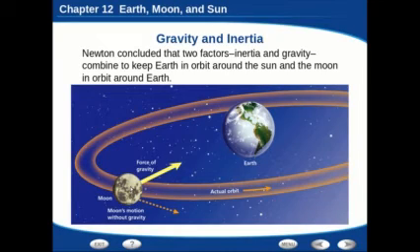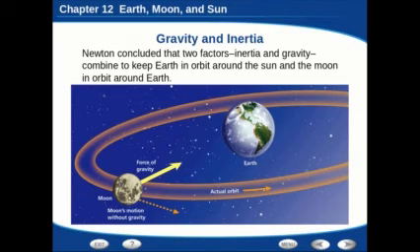So remember, Newton's first law is inertia, and that law states that objects in motion will stay in motion until acted upon by some outside force. Right? So here's the moon in our diagram, and it's moving this way. If the Earth were to disappear, which way would the moon go?